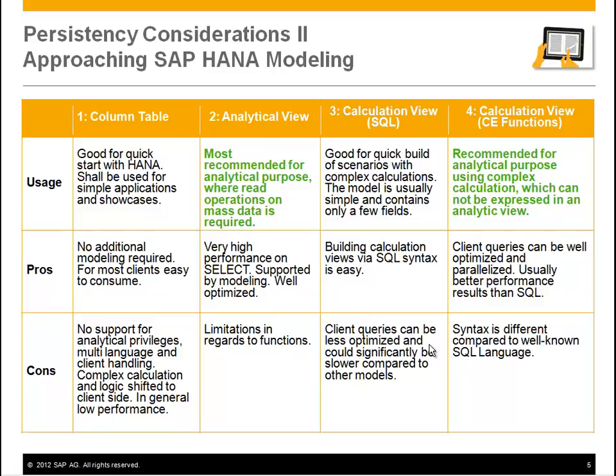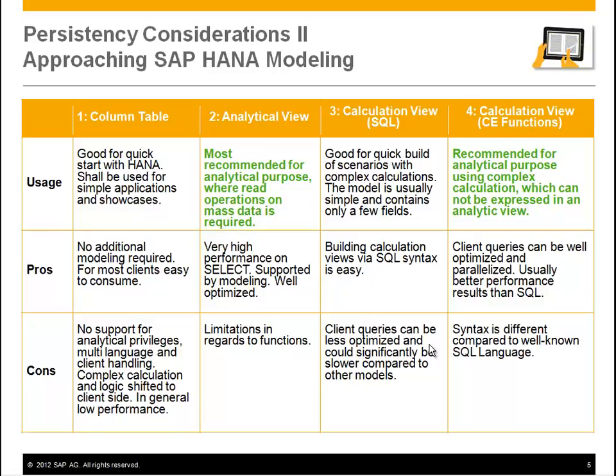So calculation views can be created by adding SQL or SQL script. If you're going to add SQL, it is good because you don't have to learn anything new. Most people know SQL, but the performance is not that great because the queries are less optimized and they could have an impact on your performance.